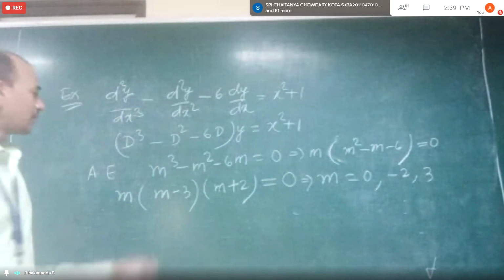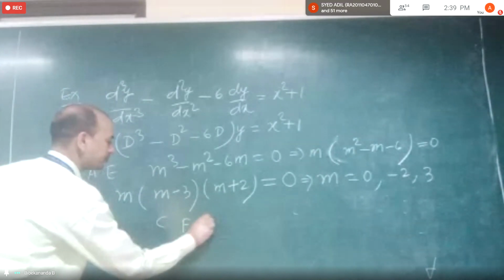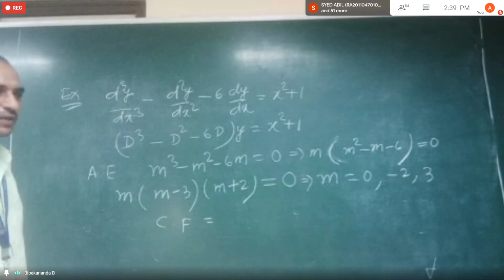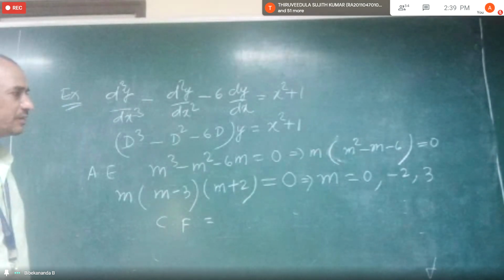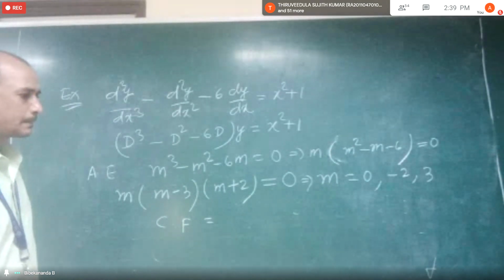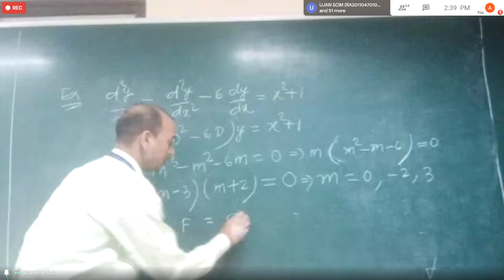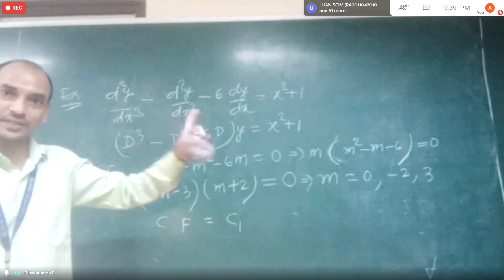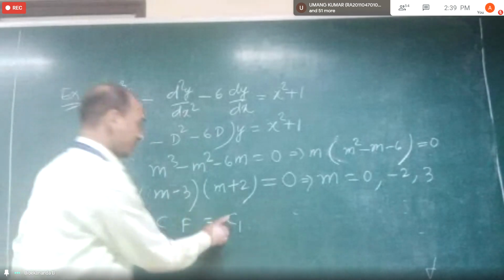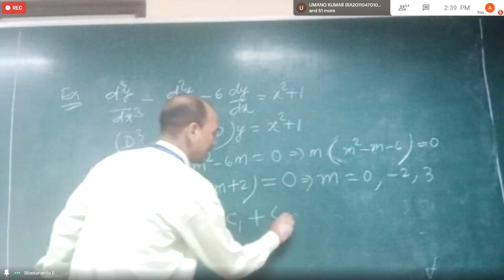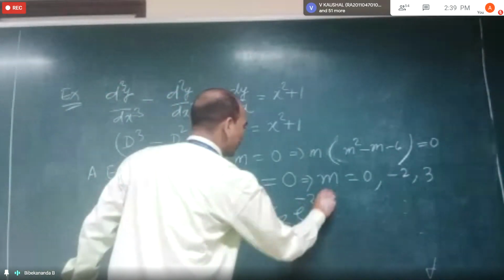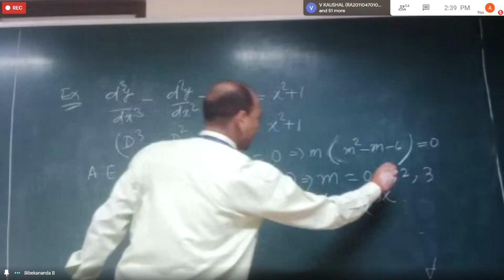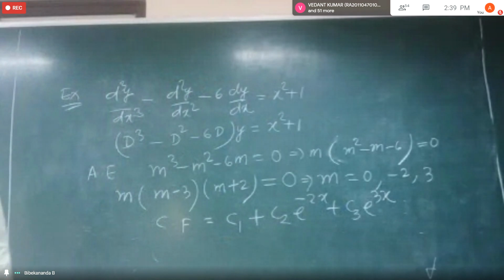Okay. So what will be the complementary function? C1 e to the power 0x. E to the power 0x is 1, so no need to write e to the power 0. C1 plus C2 e to the power minus 2x plus C3 e to the power 3x.